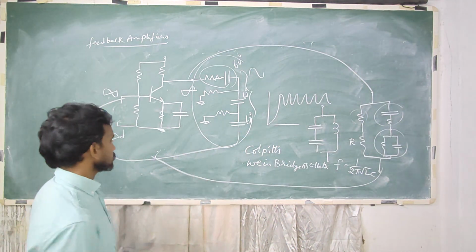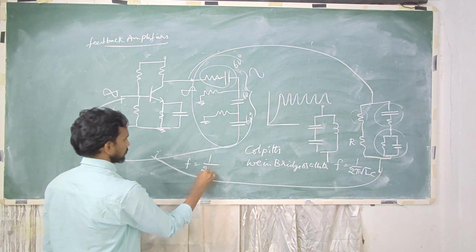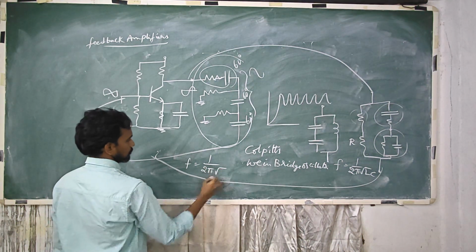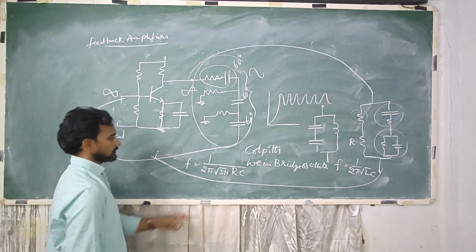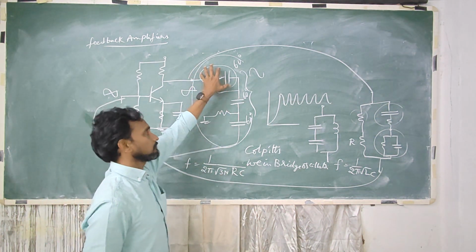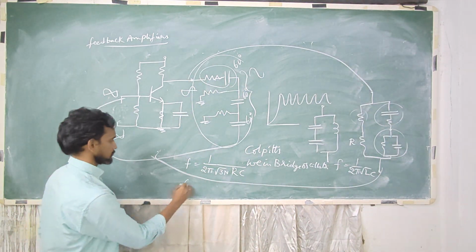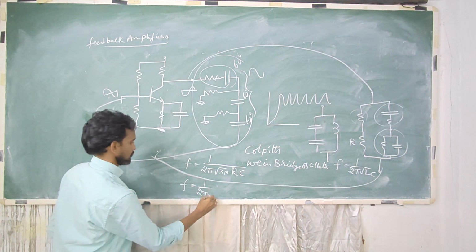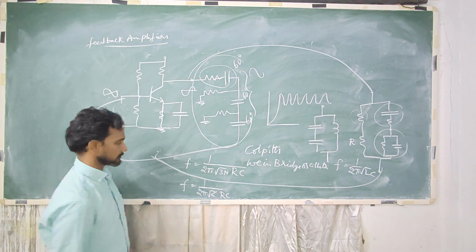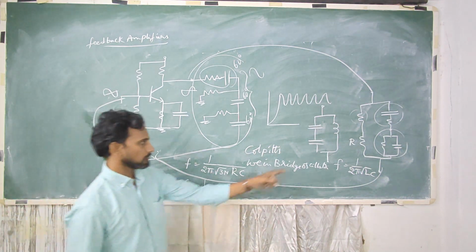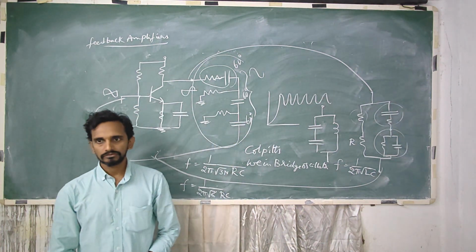And here for RC circuit, what you get, the frequency is given by 1 by 2 pi root 3n times RC. So here n is the number of pairs of R and C. So for this 3-pair circuit, it is 1 by 2 pi root 6 RC. RC is not in the square root. Here 1 by 2 pi root LC, both L and C are in square roots.